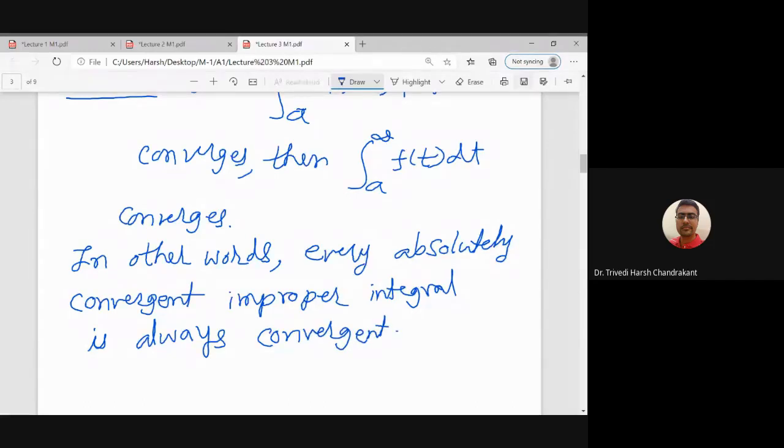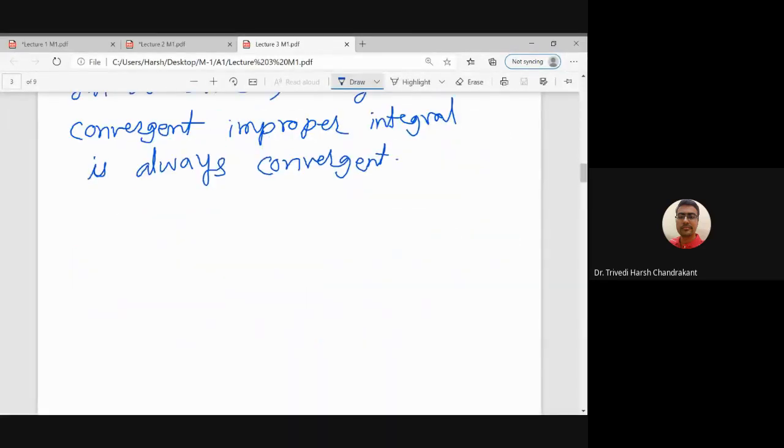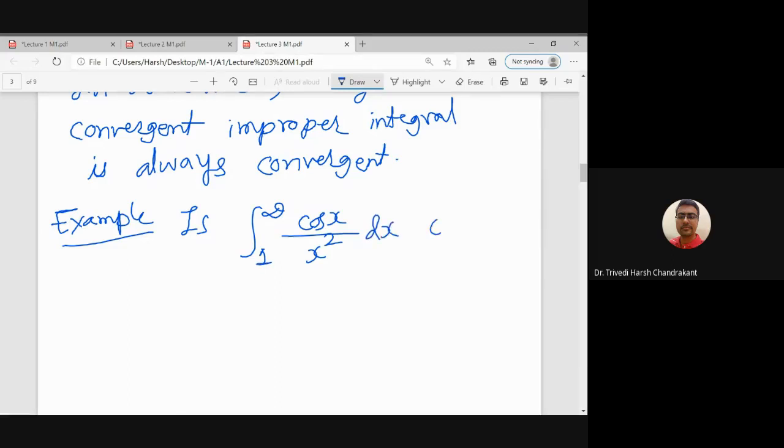So let us see an example where we can apply this result. The question is: is the integral from 1 to infinity of cos x by x square dx convergent?